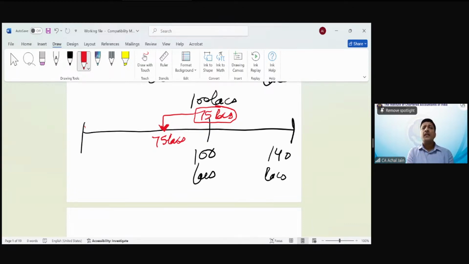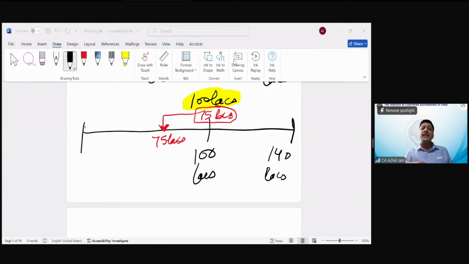So thereby, what will happen? Actually, if you look at the security, this is 100 lakhs. Yes or no? See, the bank has discounted that. But if you look at the value, it's 100 lakhs.